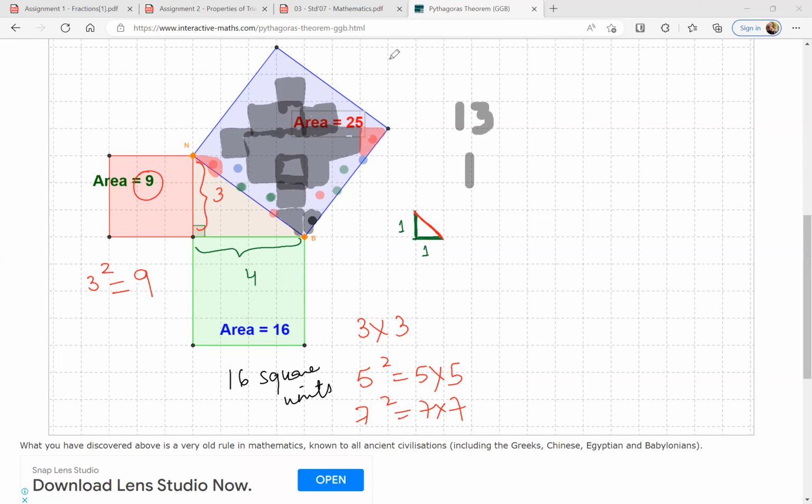Understanding, Hiba? Okay, 19 done. The next one is this thing and this, 20. Then this thing plus the small portion over here, 21.